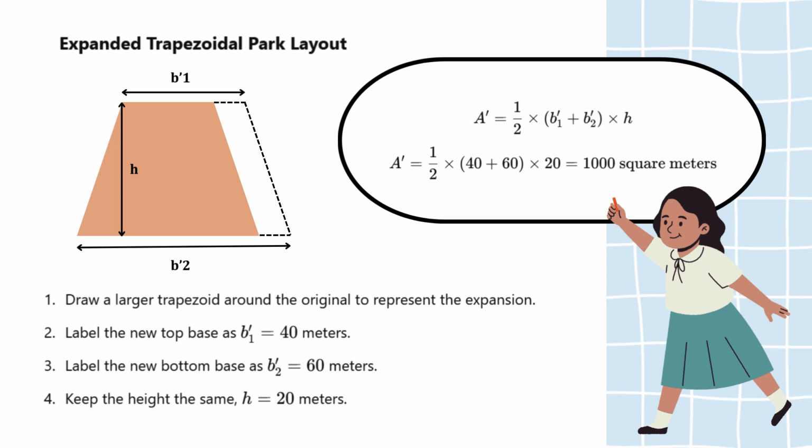By using drawing, we understand that it is extended to the right for 10 meters and extended to the right for 10 meters at base number 2. Then we apply the same method using algebraic substitution. We substitute the new values that we have drawn out, so we can get the answer to be equal to just now, which is 1000 square meters.